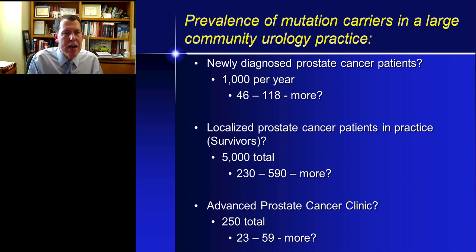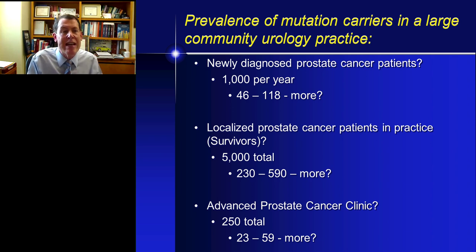If you say that practice is caring for 5,000 prostate cancer survivors collectively, there's anywhere from 230 to 590 patients in that single practice that may have a hereditary cancer gene mutation.